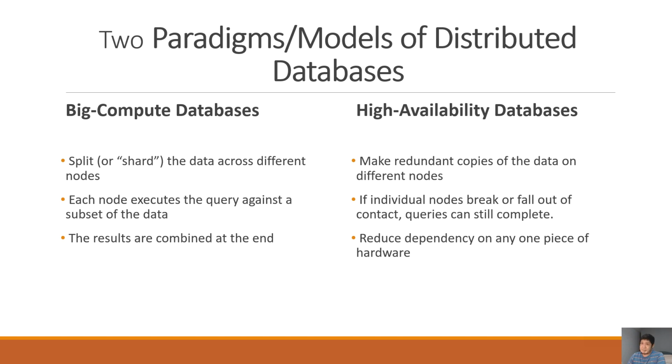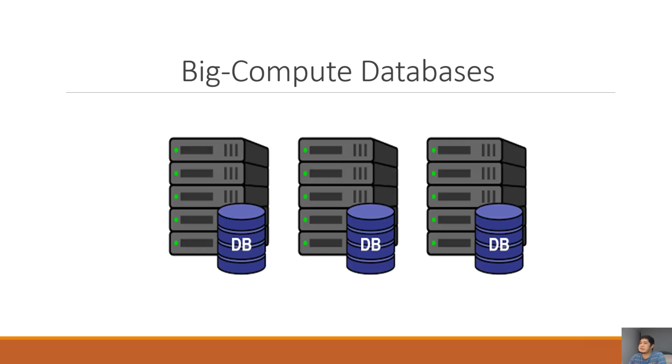For big compute databases, the data are split across different nodes, while the high availability databases make redundant copies of the full data on different nodes. Later on in the slides, I will demonstrate big compute databases and high availability databases.